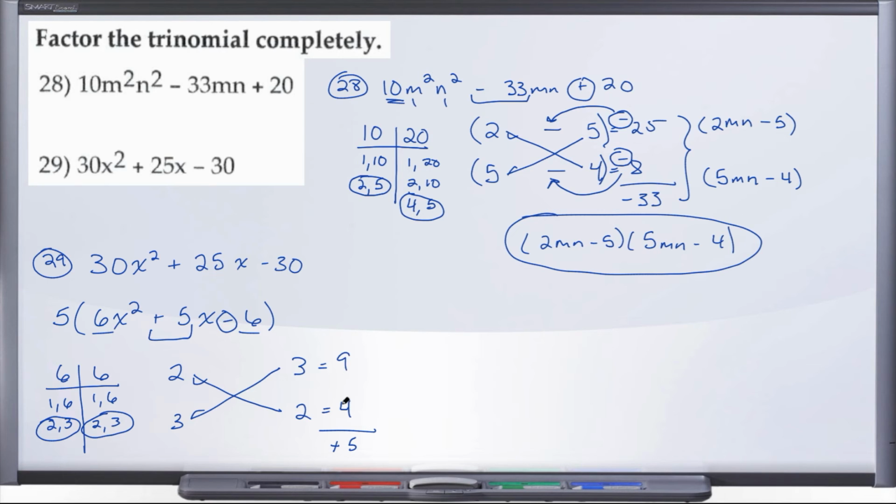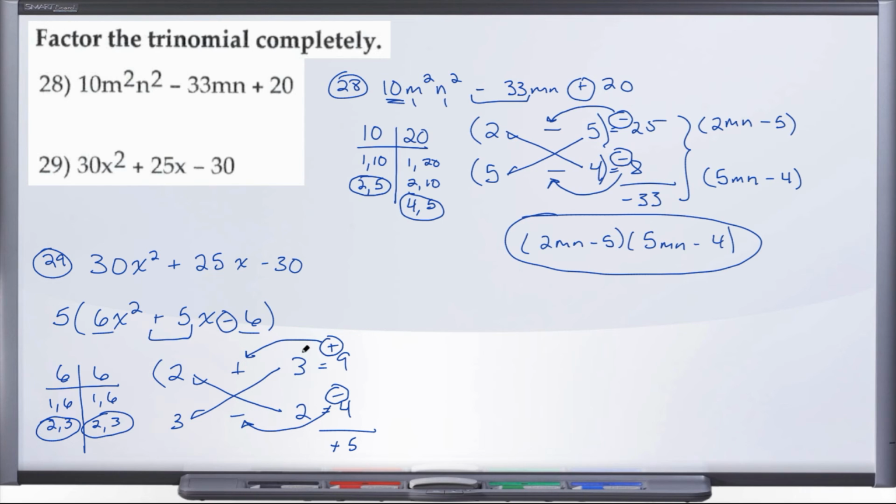What sign do we have to put with the respective cross products here, 9 and 4, to get a positive 5? Well, if we start with a positive 9 and subtract 4, we'll end up with a positive 5, right? And again, whatever sign we put with a cross product bounces over.